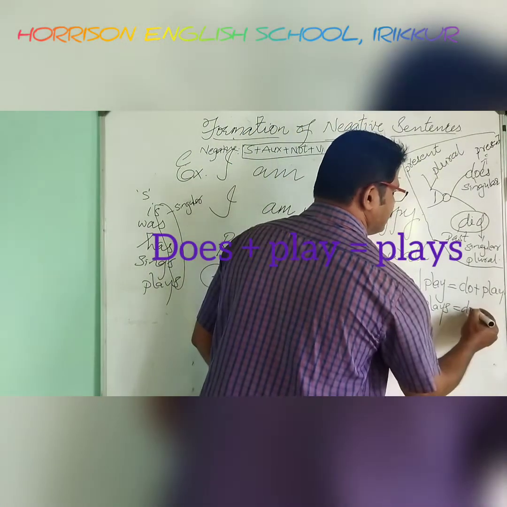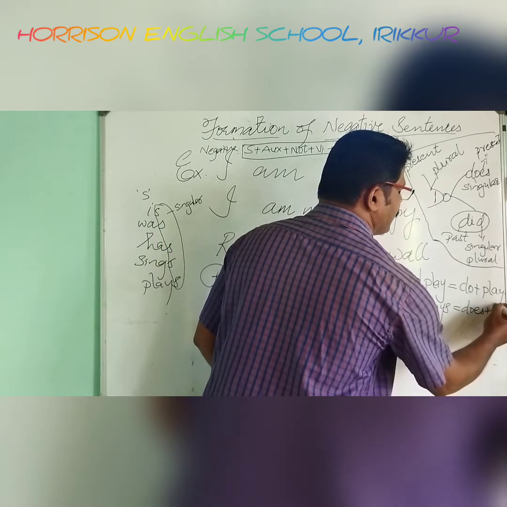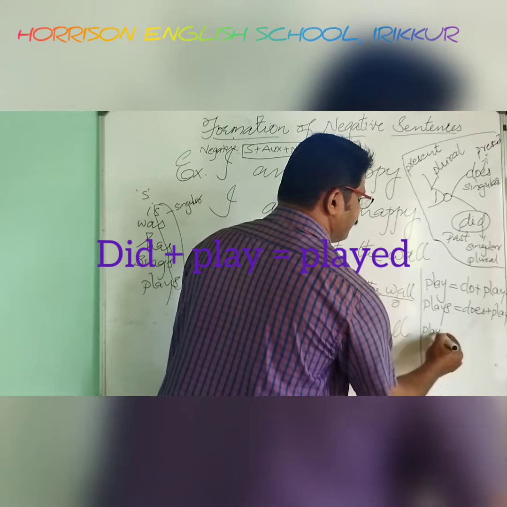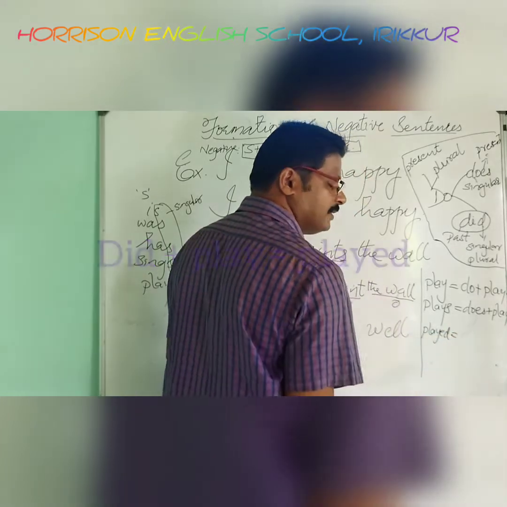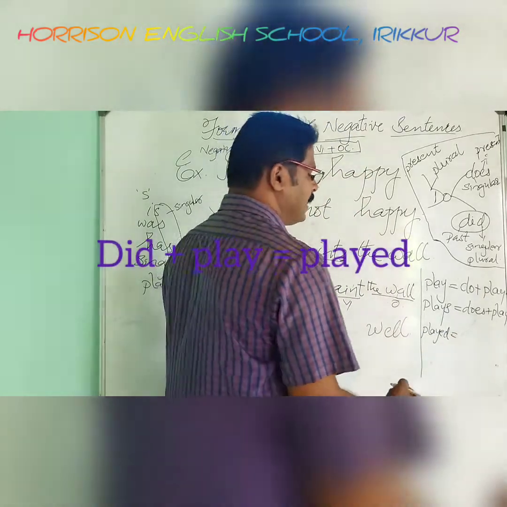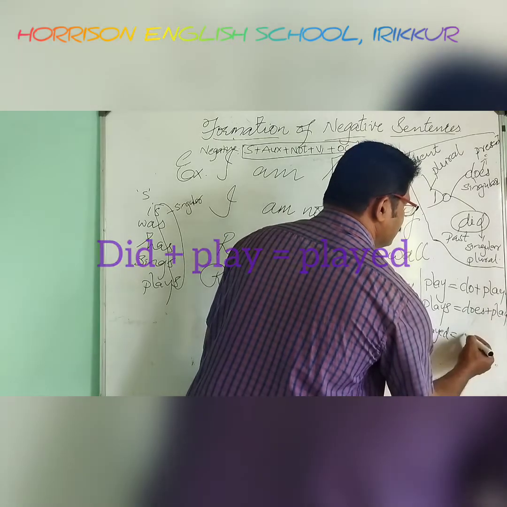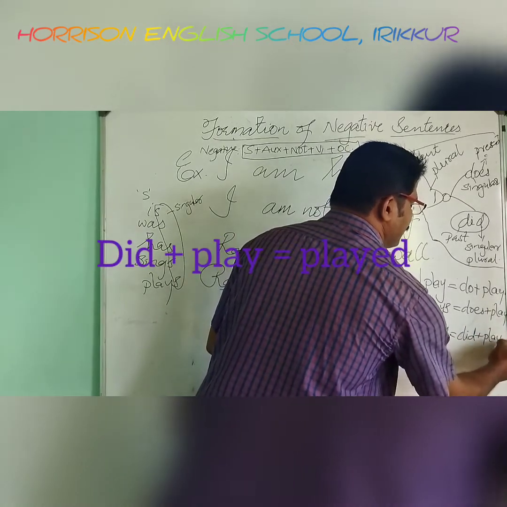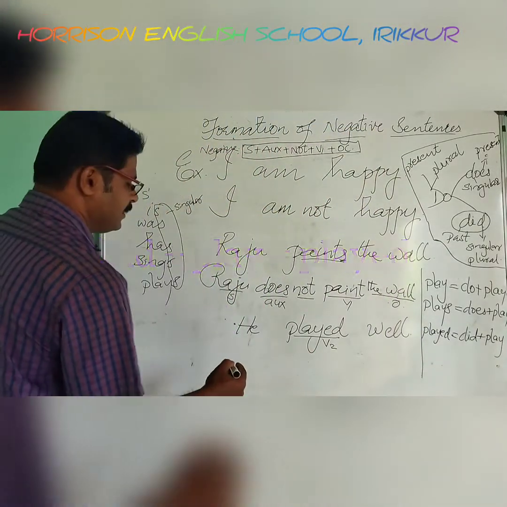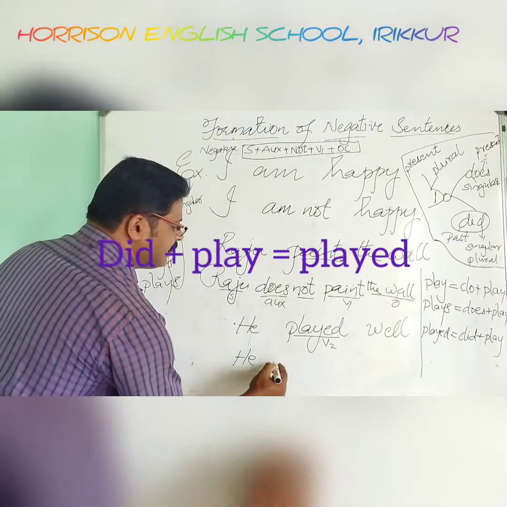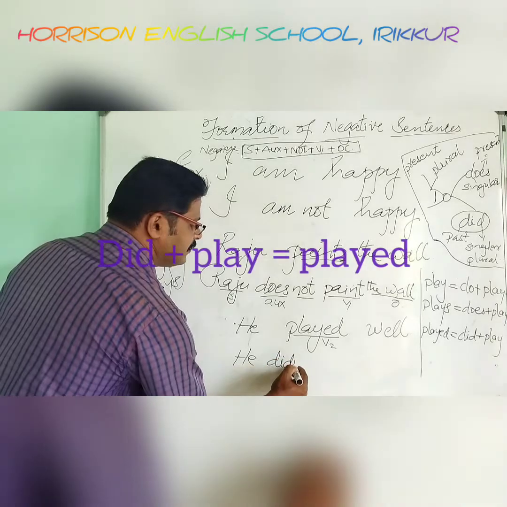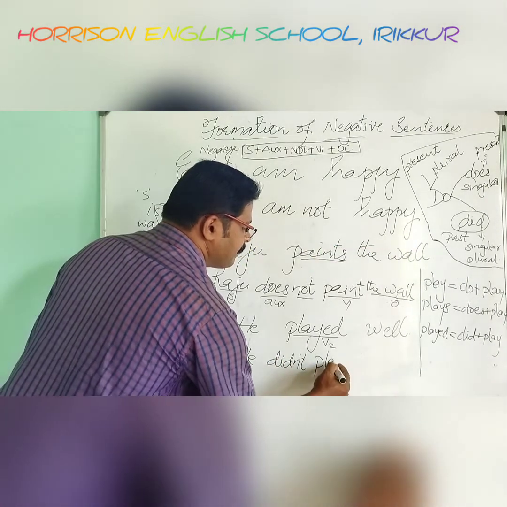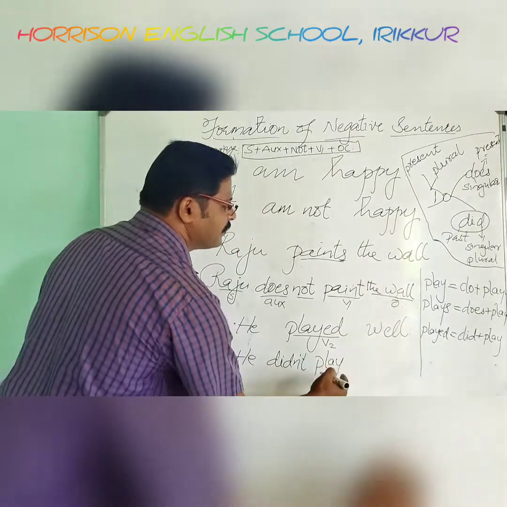Yeah, does plus play. And if it is played, how will you break this main verb played? Yes, did plus play. So we can write he did not or didn't play. V1 form, very important.